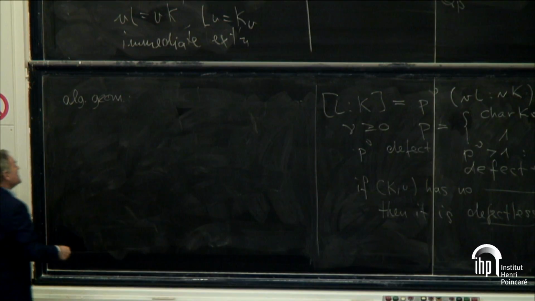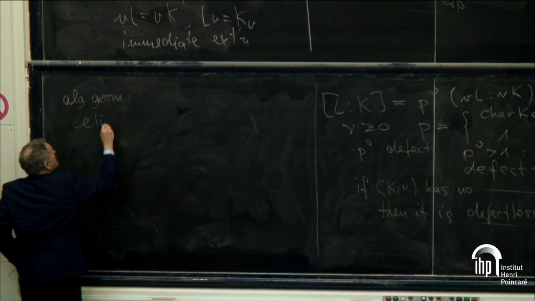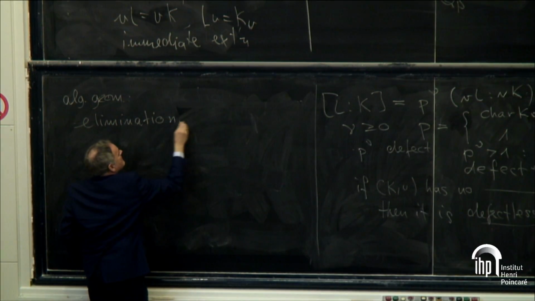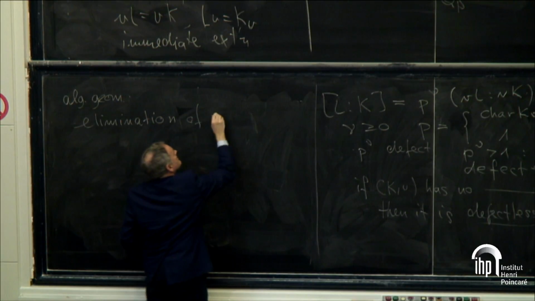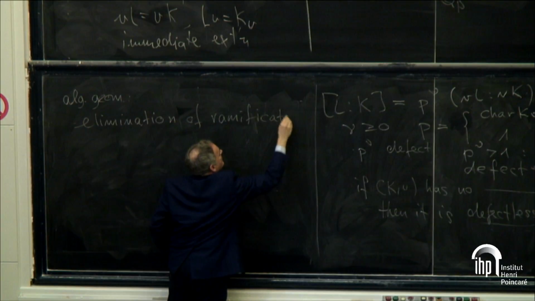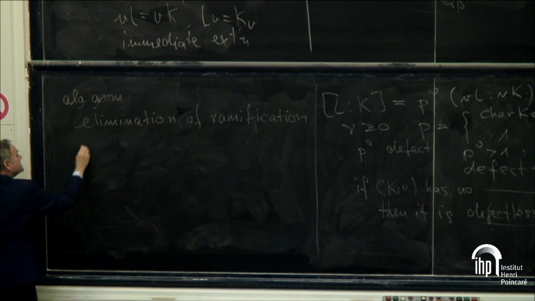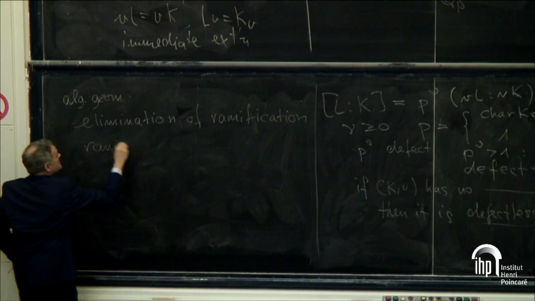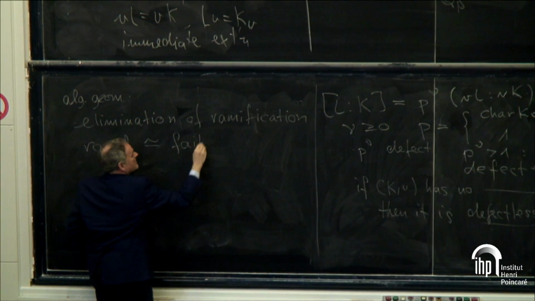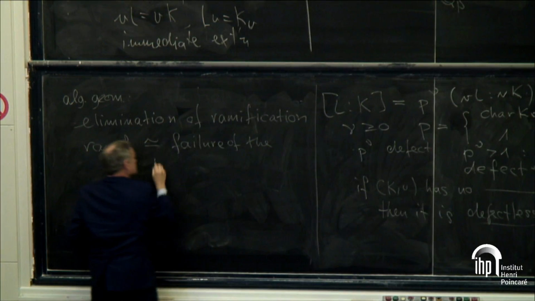You want to eliminate, well, that's the first step at least, the ramification. Because ramification practically is equivalent to the failure of the implicit function theorem.